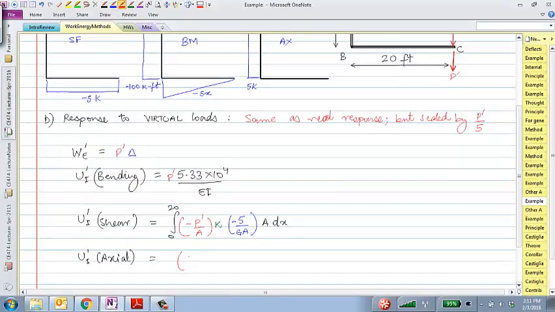Axial force, assuming tension is positive, it gives me P prime over A is the axial stress in the vertical leg, no need for kappa factor, times the real strain, that would be real force 5 divided by EA, and area of cross section dx integral 0 to 20, and there's no axial force in the horizontal leg.